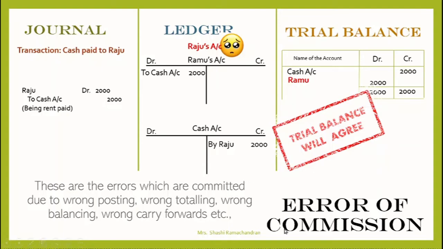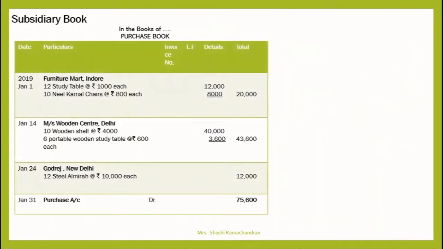Let's understand this with another example. I'm taking a subsidiary book to make you understand how subsidiary books are posted into the ledger and what happens if there is a mistake in the subsidiary book. You can see here a purchase book with different dates, suppliers' names and details of what is bought on credit. Lastly, the purchase book is closed by writing purchase account debit.